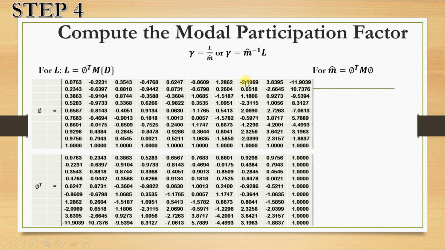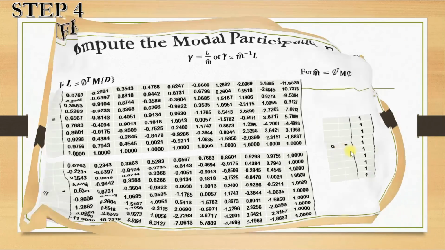So ito, yung row 1 na ito nagiging column 1 na siya. Itong row 2 naman nagiging column 2. So yun yung sa transpose of the mass mode shape matrix. So yung sa directional displacement unit vector naman, lahat sila ay equal 1. Ibig sabihin lang nito, kino-consider natin yung mode 1 to mode 10 na dapat merong directional displacement unit vector.